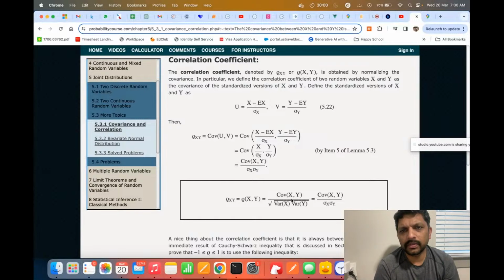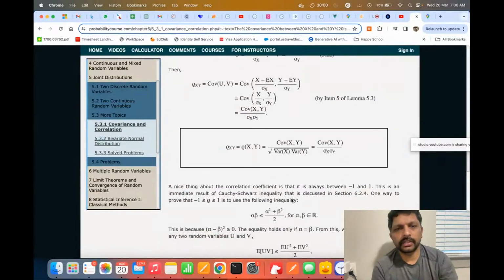So it looks like the same value, but just divided.